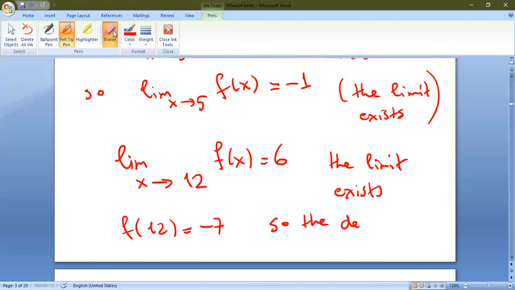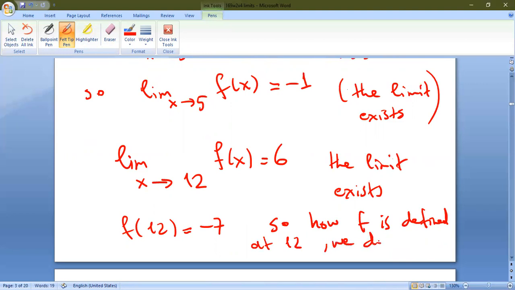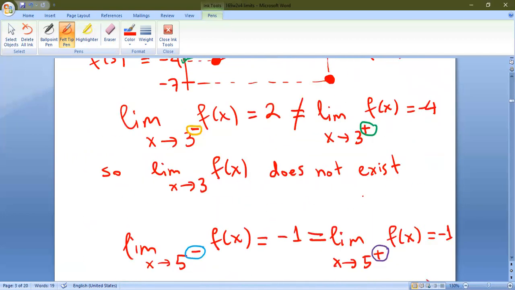How the function is defined at 12, or at the number, isn't important. How f is defined at 12, we don't care. We just care about what happens to the outputs around 12. Okay, so that's the difference of limit from the definition.